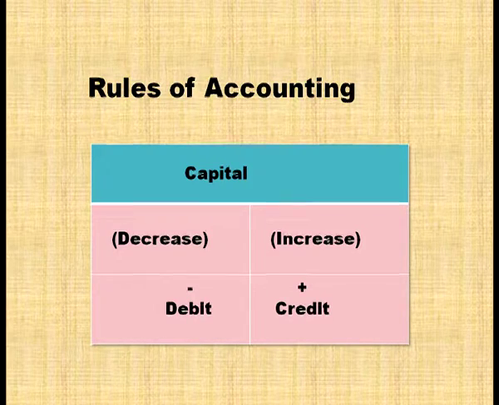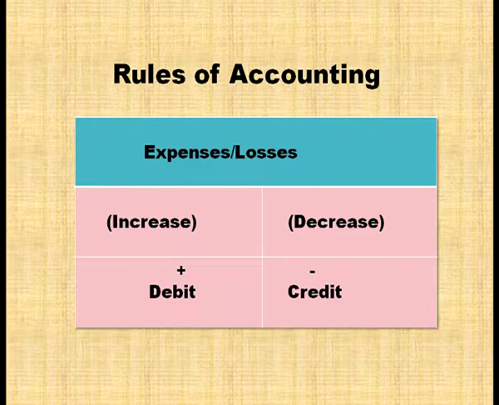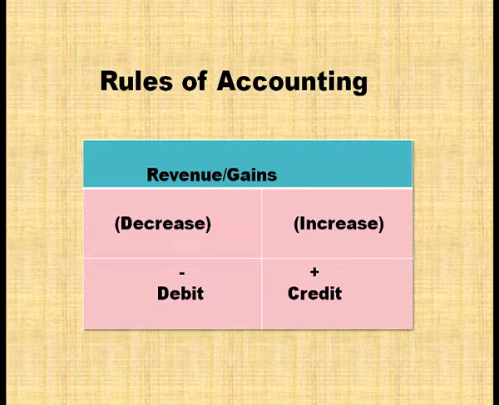When there is a decrease, it is debited. Expenses. When there is an increase, it is debited. Expense. When there is a decrease, it is credited. Income or revenue. When there is an increase, it is credited. When it is a decrease, it is debited. Now, you are thorough with the rules of accounting.